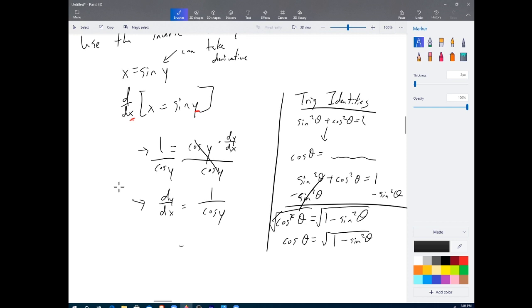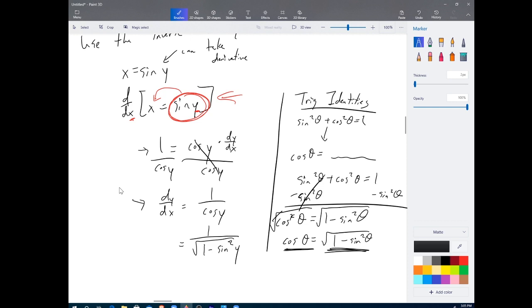I can take that and I can substitute in. Of course, I'm going to change my variables to y's, but I can substitute in that this is the same thing as 1 over the square root of 1 minus sine squared y. Now, there again, some more substitution on this problem. If I come back up here, I have a definition for sine of y.